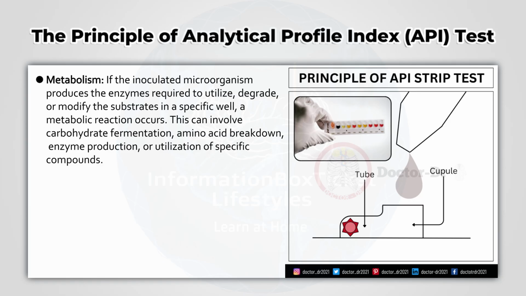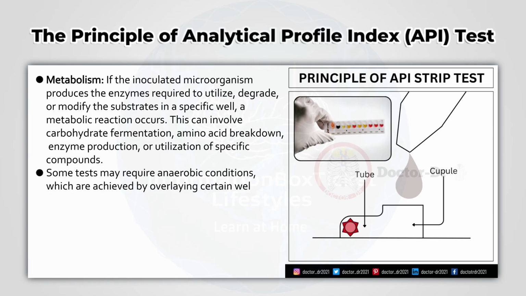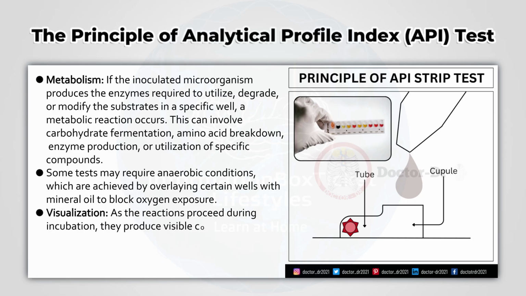This can involve carbohydrate fermentation, amino acid breakdown, enzyme production, or utilization of specific compounds. Some tests may require anaerobic conditions, which are achieved by overlaying certain wells with mineral oil to block oxygen exposure.